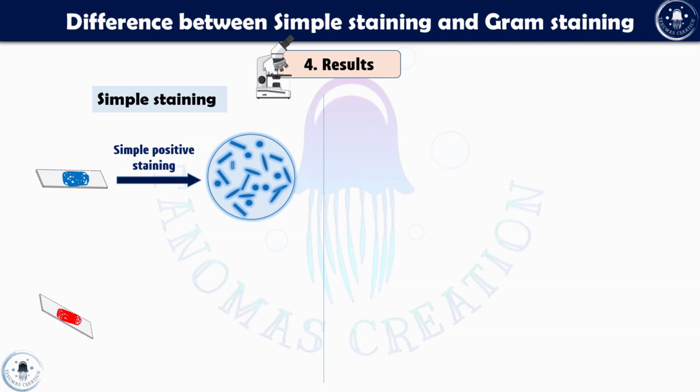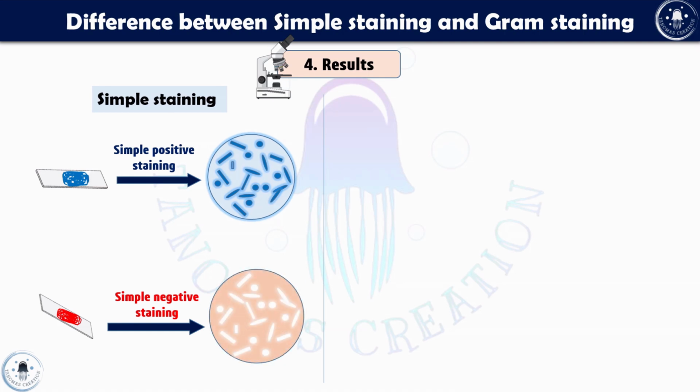Now if you have taken any negative stain or acidic stain, say Congo red, you will observe an image like this. Here you can see that the background is stained red, while the bacteria have not taken up the color and are appearing clear.